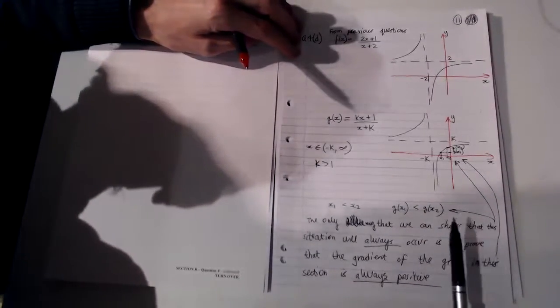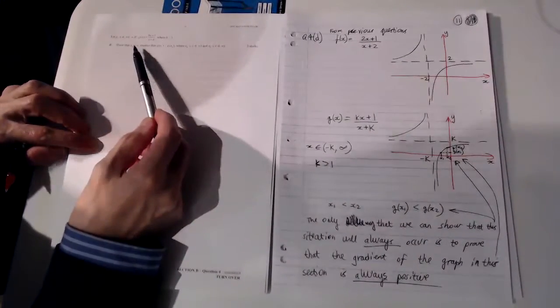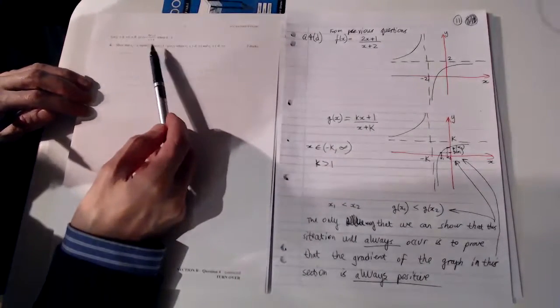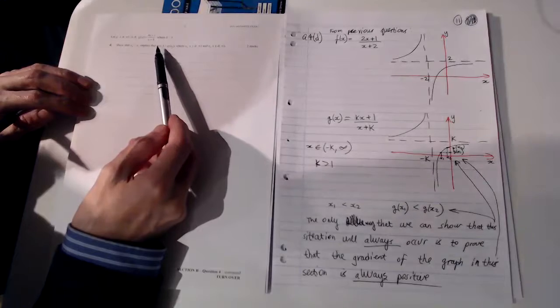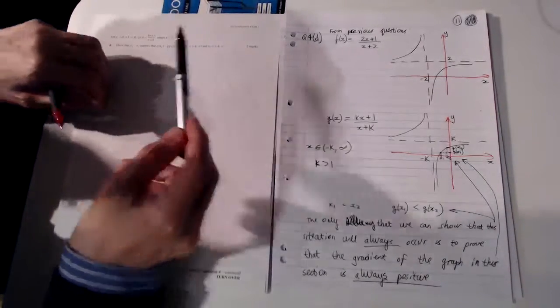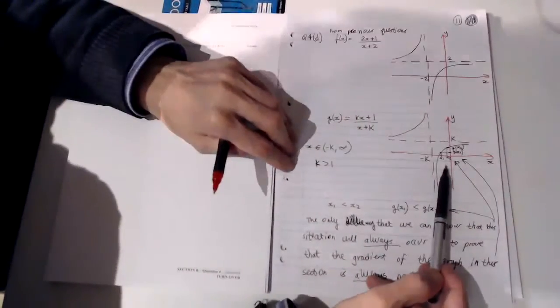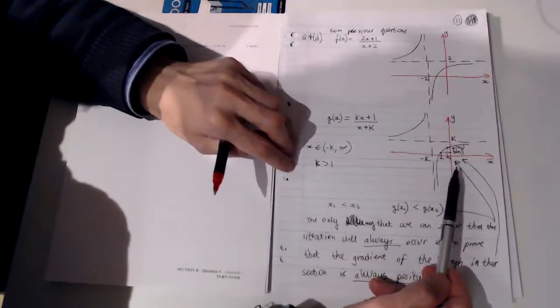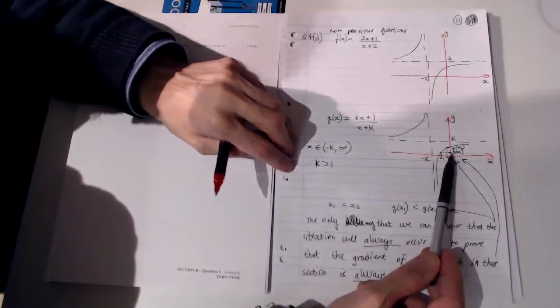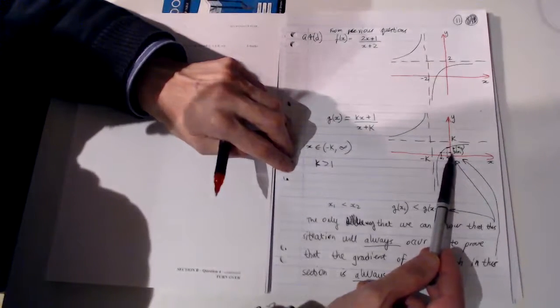Now, they go on to say that if x1 is less than x2, you've got to show mathematically that g(x1) is less than g(x2). Well, you can see from my diagram that if that's x1, the corresponding g(x1) will be that.